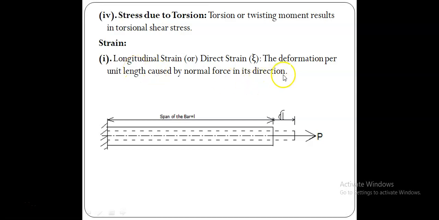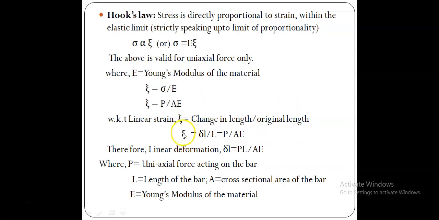Strain is nothing but the deformation per unit length, and therefore the linear strain is equal to change in length divided by original length, that is epsilon is equal to delta L by L. So this is the mathematical expression for finding this strain. Strain we can feel visually.